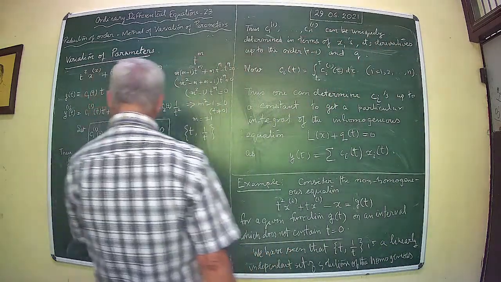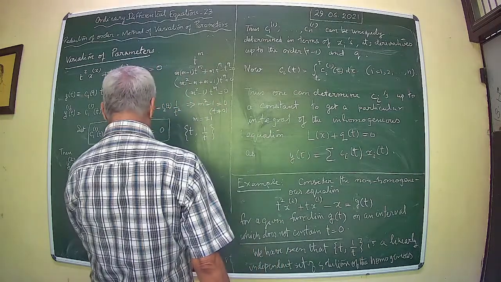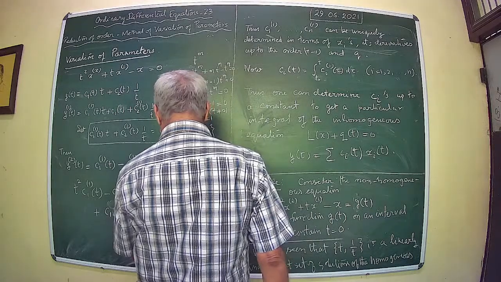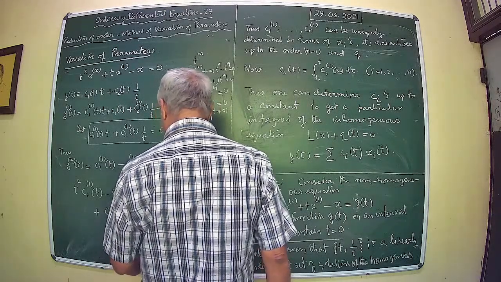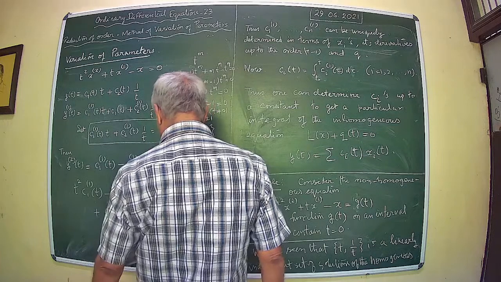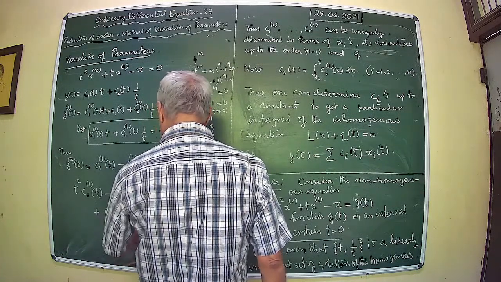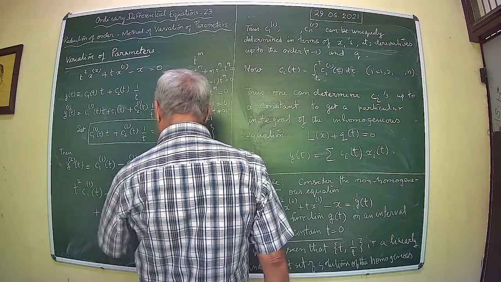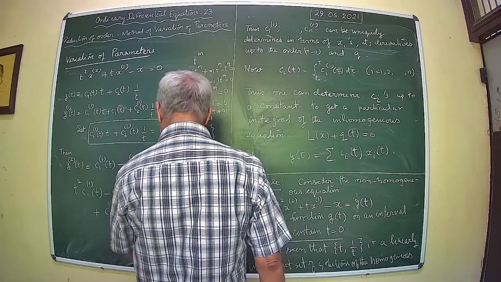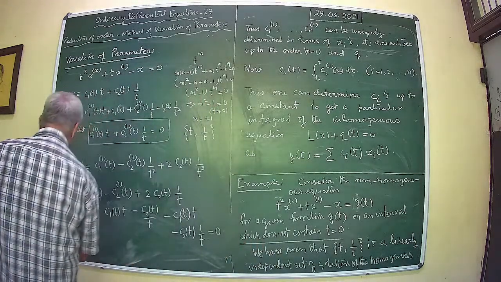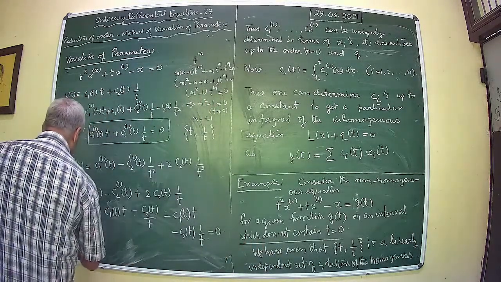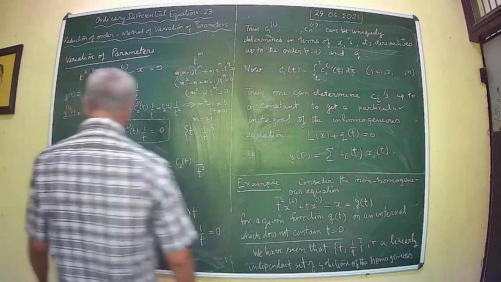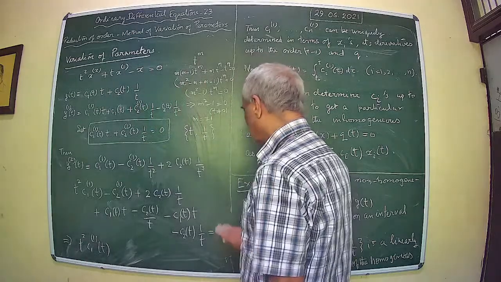So what do you get? 2c2 t into 1 by t and minus c2 t into 1 by t. So you get c2 t into 1 by t. So this plus this will be 0. Then c1 t minus c1 t is 0. Therefore, that implies t square c1 derivative of t... This must be equal to what is it?